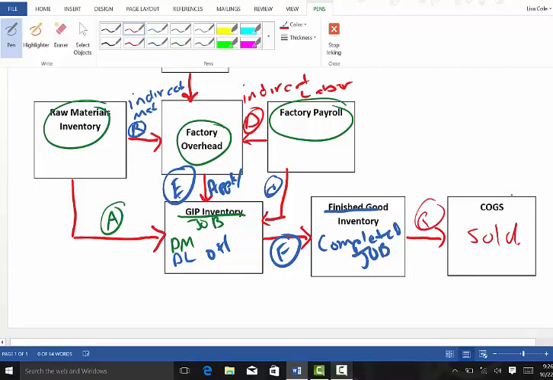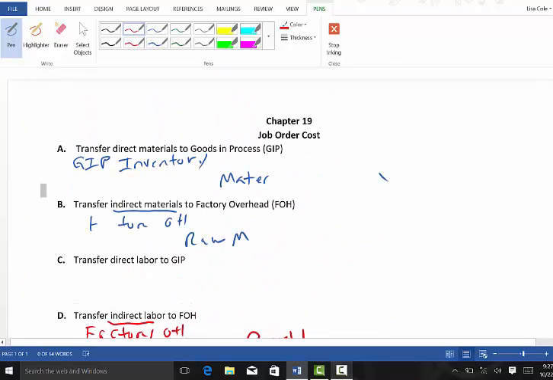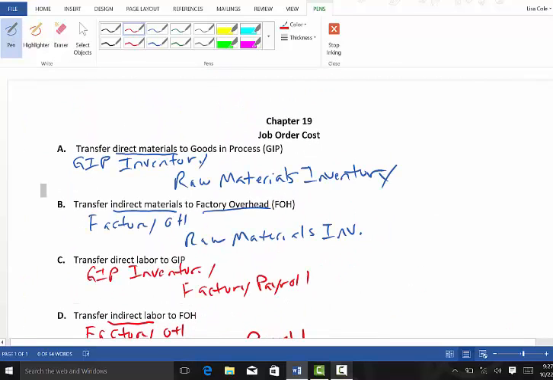So hopefully that gives you a visual, and then also the journal entries. But the important thing to remember about the journal entries, when you go back and look at all my journal entries, you'll determine that anytime I was putting something into an account, meaning where it was going, if I was putting materials into goods in process, I would debit it.